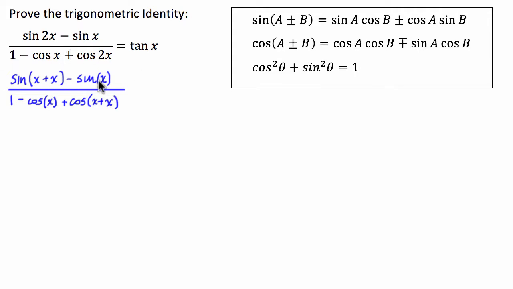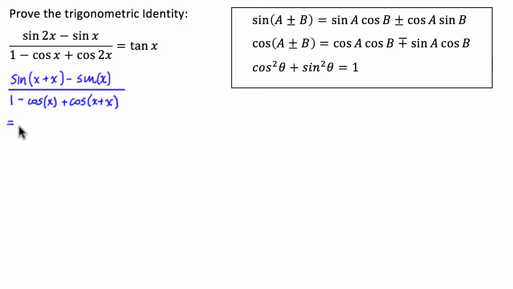Cool. So, why have we done that? Well, we've done that so we can expand out these two angle sums. For the sine one in the numerator, we're going to use this top one here, the sine of a plus b, with a being x and also b being x. So let's take it down to the next line.